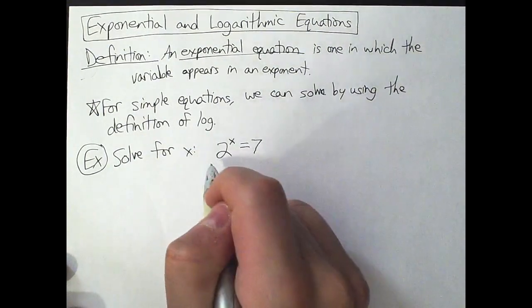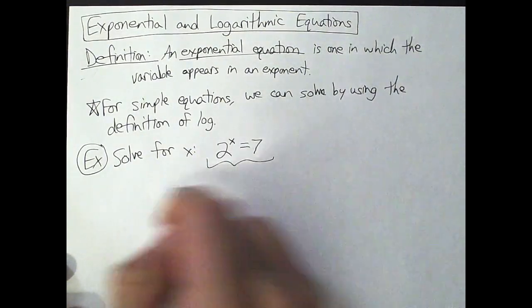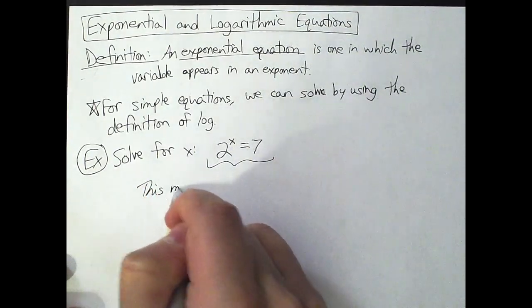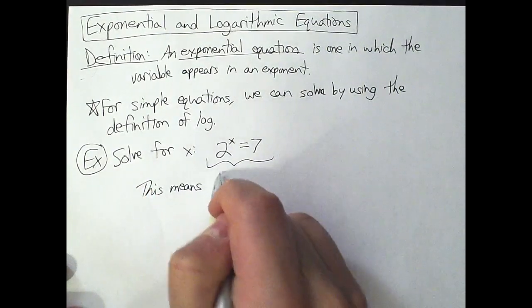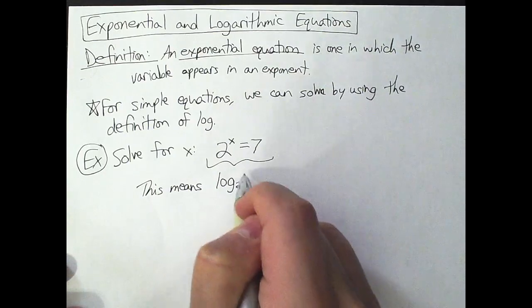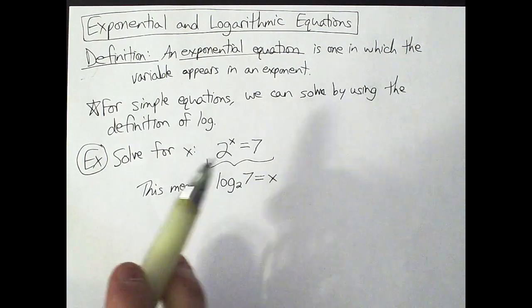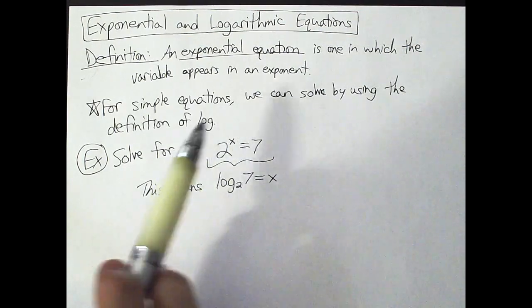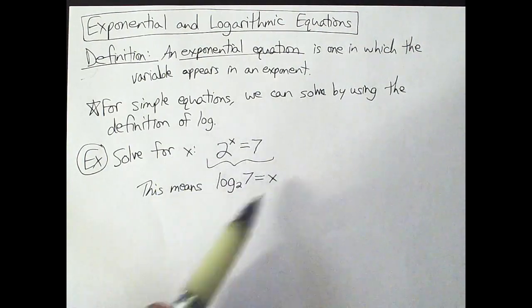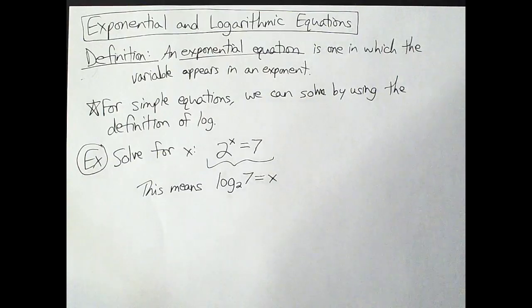Well, by the definition of log, this means that log base 2 of 7 equals x. That's what I mean when I say we can use the definition of log. Basically converting this exponential equation to something involving a logarithm instead of an exponent.